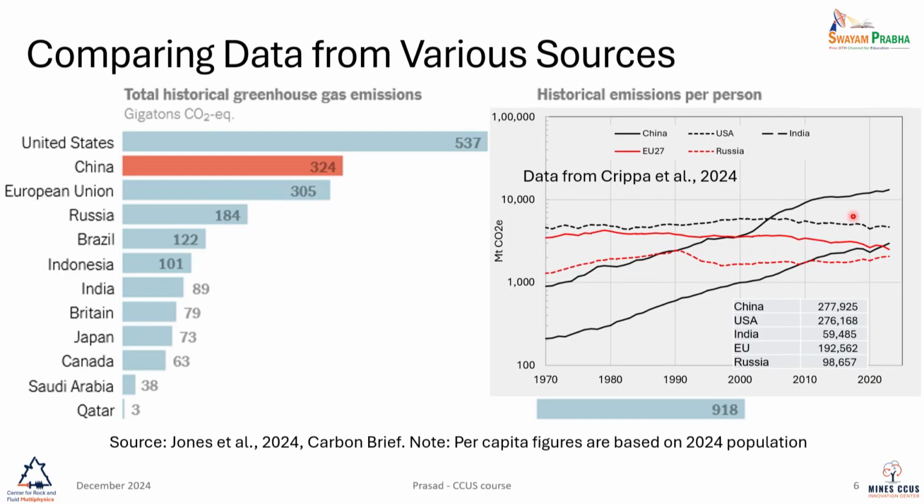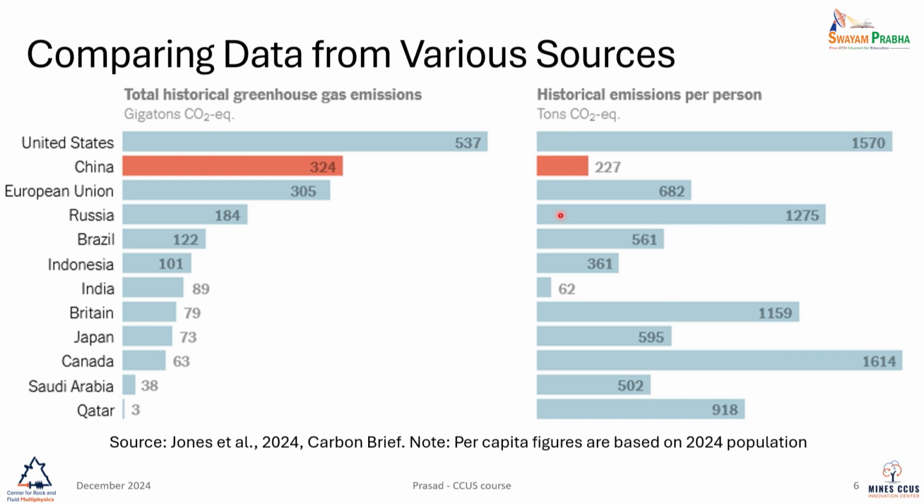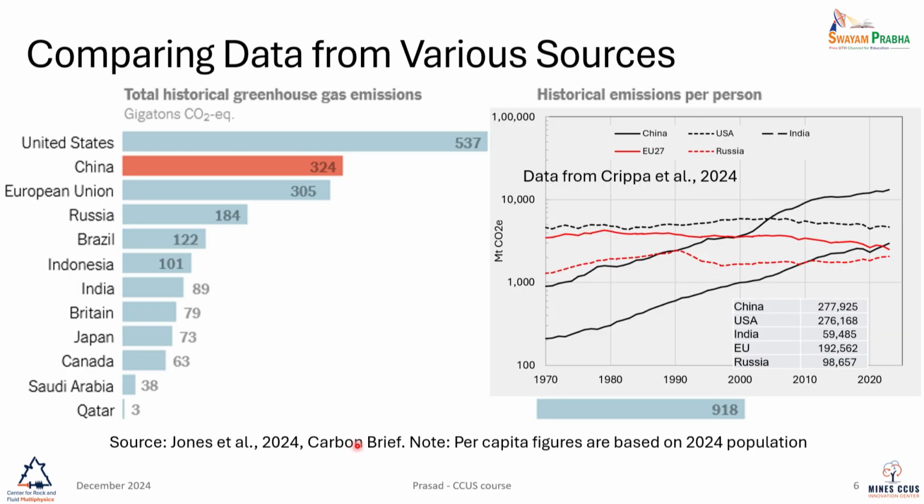You would have a very different strategy if you were looking at this set of curves, or this set of curves, or this one here. Same data, same organization. This is Carbon Brief. This one here is Carbon Brief as well.